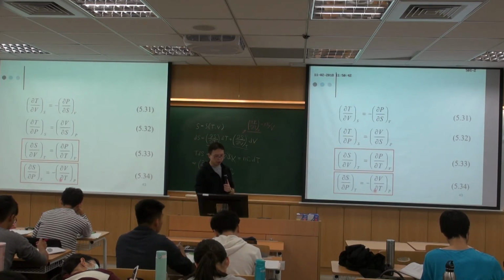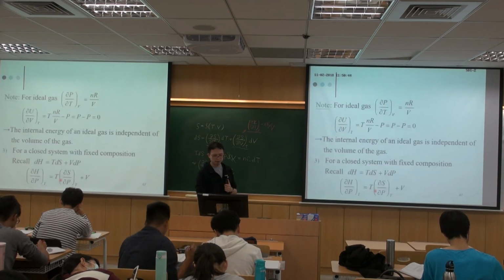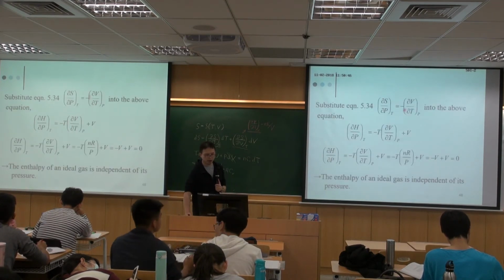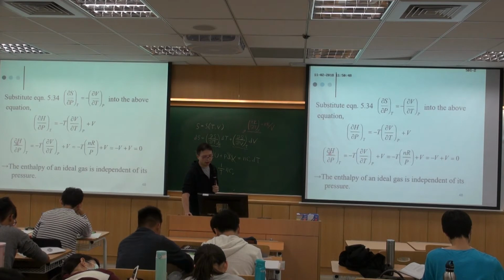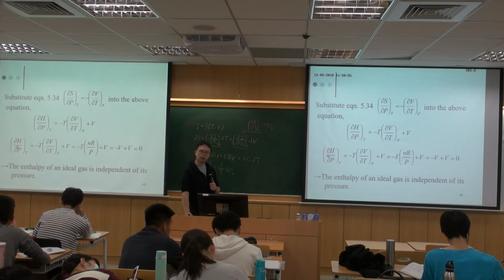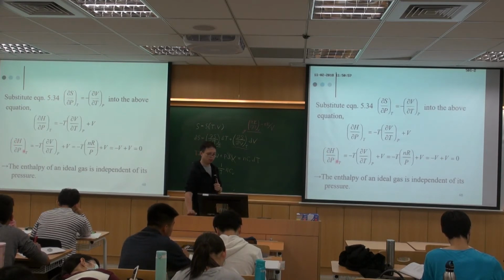So it's minus partial V, partial T. If we plug in, you'll see that eventually for ideal gas, this term is 0. So for ideal gas, partial H, partial P at a constant temperature is 0.